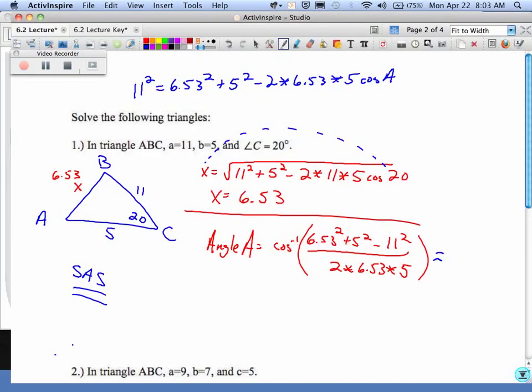So if this is 144.8, what's my missing angle? Angle B is 180 minus 20 plus 144.8. What do you get there? 15.2.